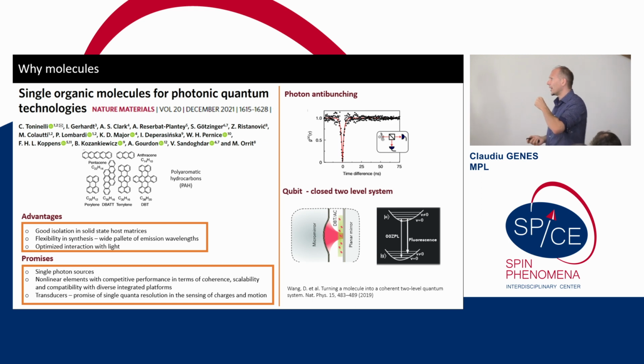They are well isolated. And they have the promise of being good single photon sources. They are good nonlinear elements. They are transducers of force, pressure, and everything else. I just put here one reference from Vahid Sanduktar's group where they show how to turn a molecule actually into a good qubit, so into a good closed two-level system.